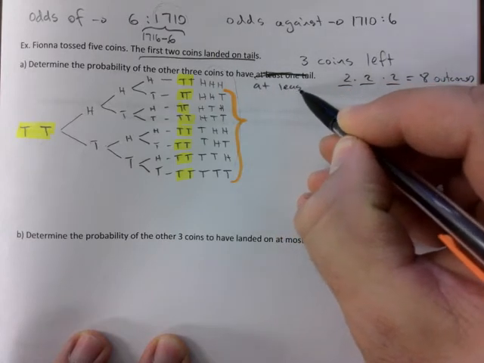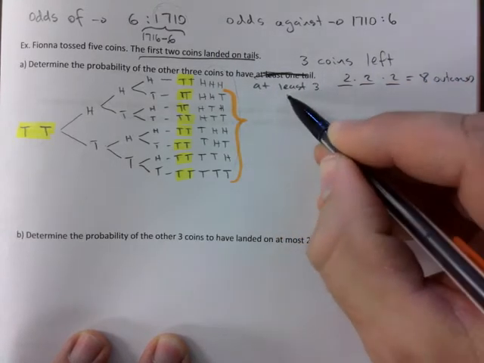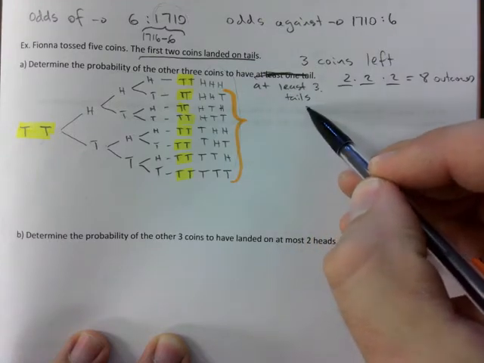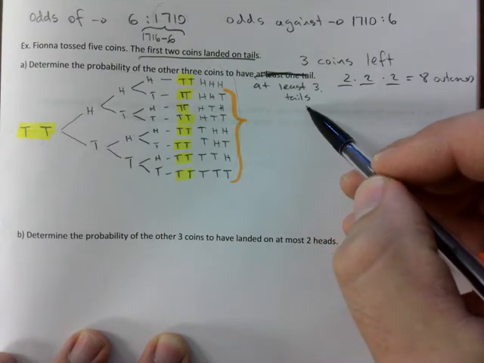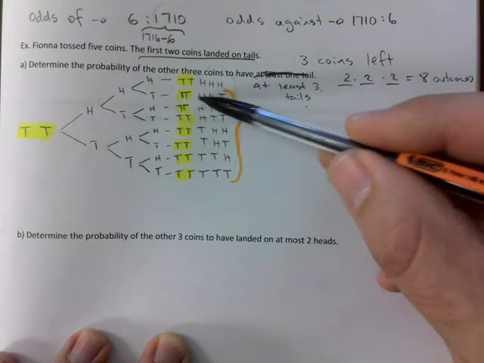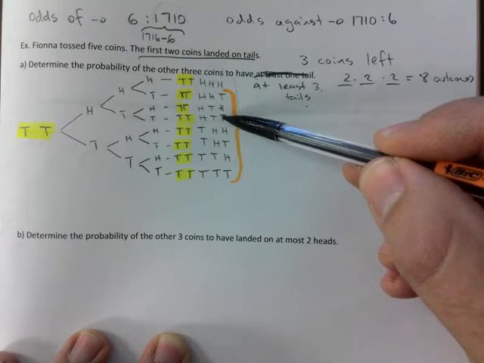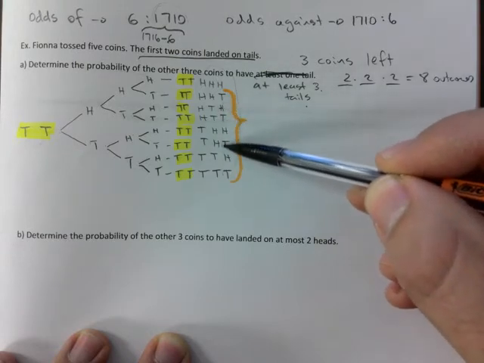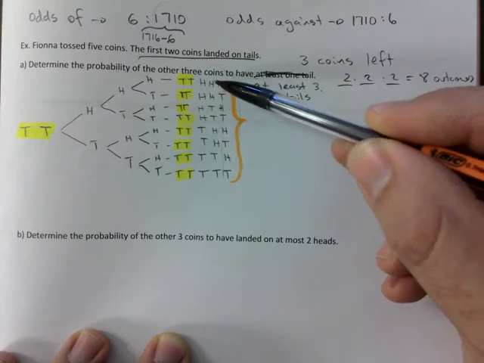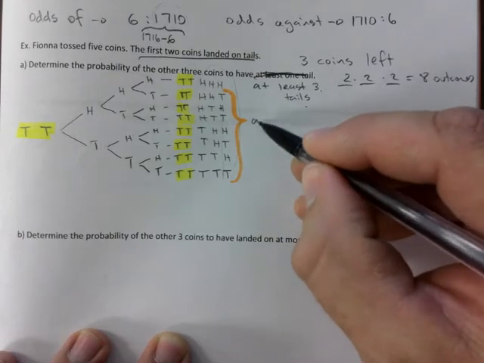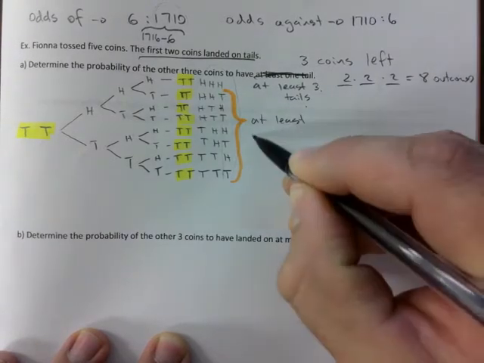At least 3 tails, I meant to say here. Okay, so if you consider, this gives you 3. You still have 3, and it actually increases as you go down this tree outcome. This is the only one that has 2, so at least 3 tails would be here.